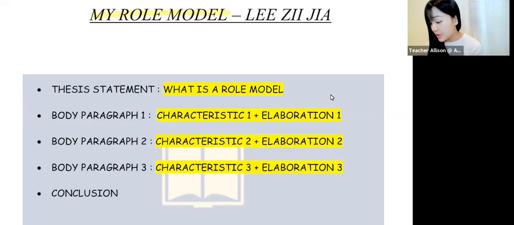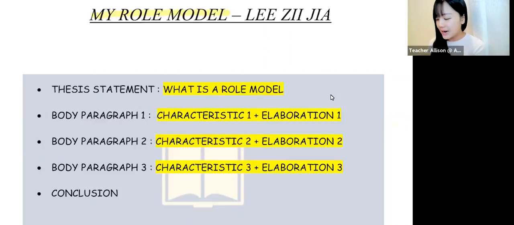After that, you have to give the characteristic that you admire about your role model. You give a characteristic and you must give an elaboration, like an example. For example, let's say your role model is Lee Zii Jia. What did you learn from him? What is the characteristic?